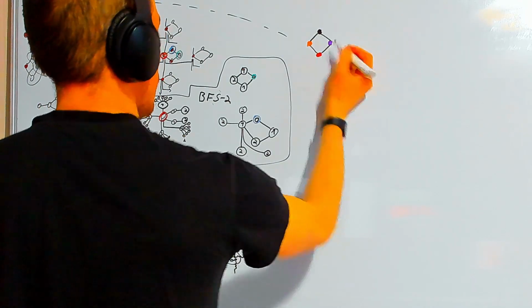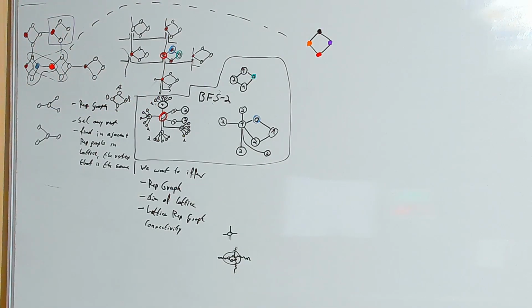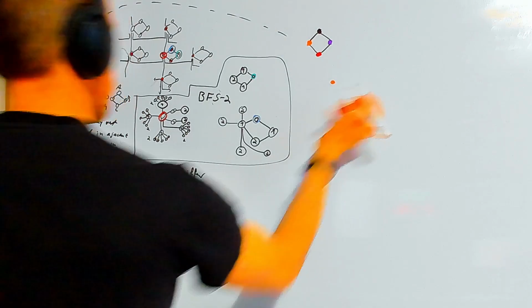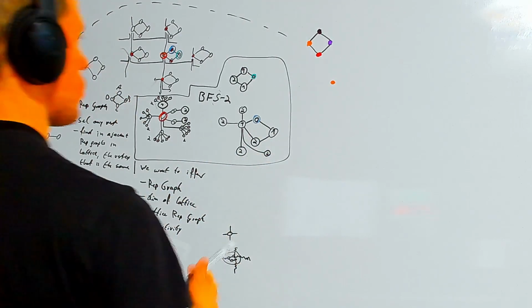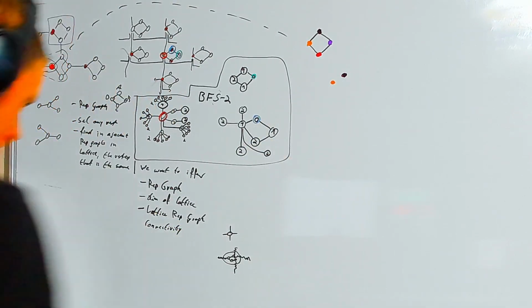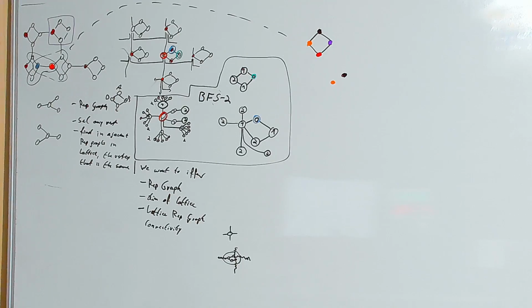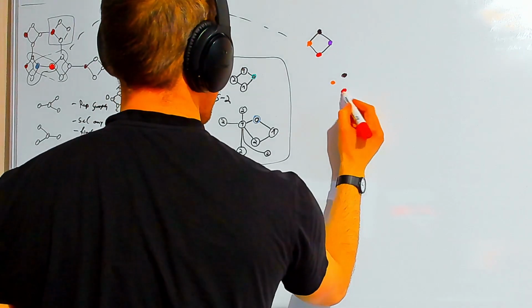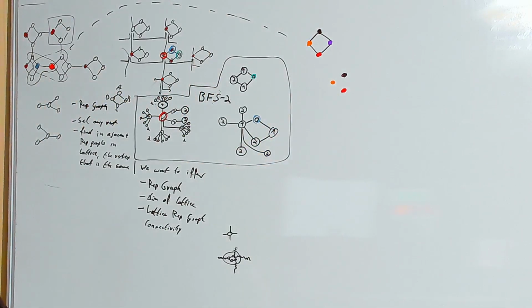If you think of the BFS for this thing, for example, if you start with the orange, then we would get orange, black, red, and then again orange. Wait, no, not orange. You get purple to the left. Yes, exactly.